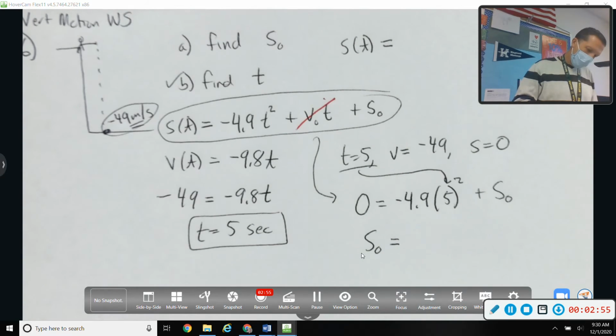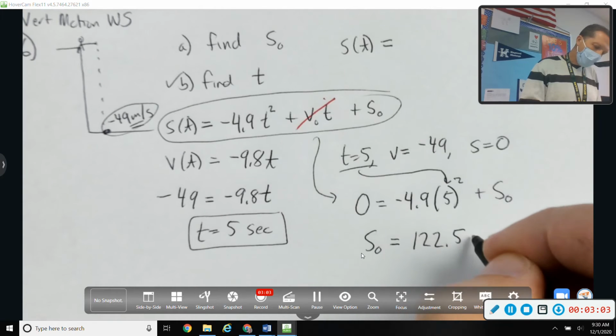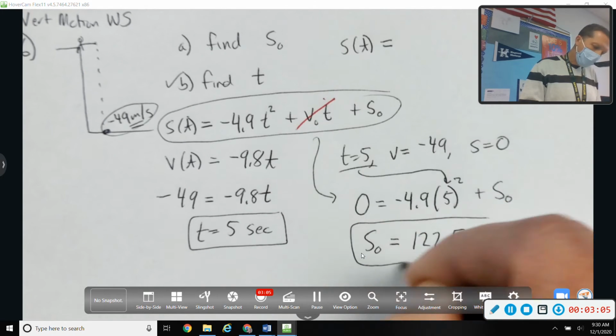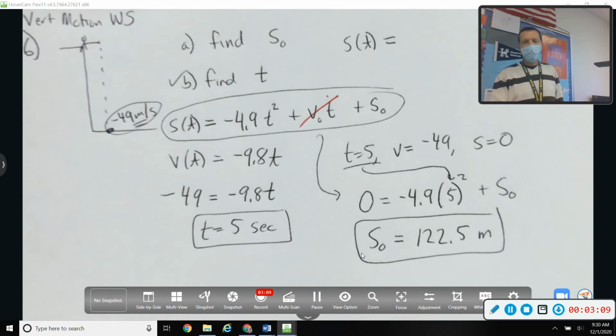So 4.9 times 5 squared, 122.5 meters. So we answered them in the opposite order they were asked, but that's okay. We got them both. So that's a good question, because that one wasn't as straightforward as most of the others. You had to kind of work backwards on that one.